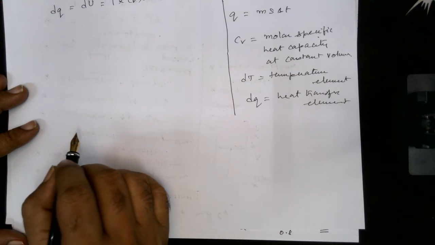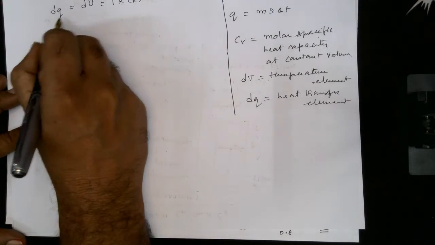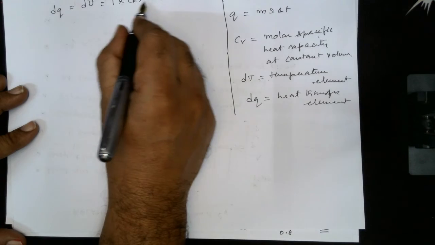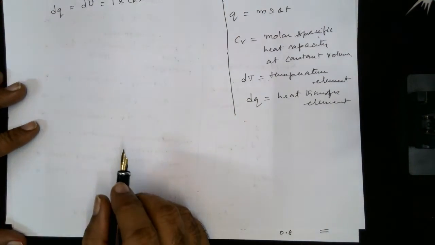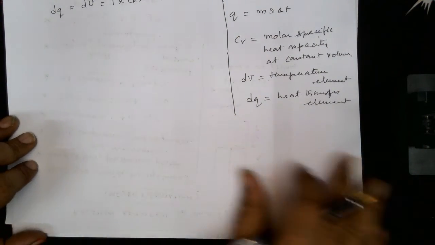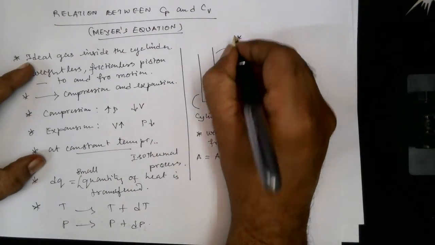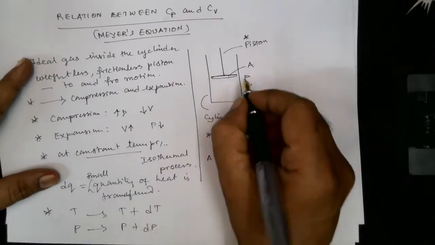Now, dQ is equal to dU, that is change in internal energy, which is 1 into Cv into dT. Now the piston moves up to cause an expansion. Let us call it a dx distance like this.